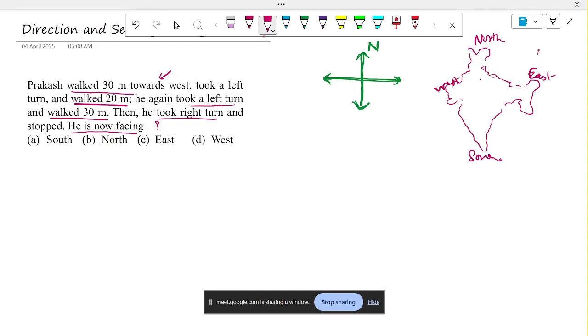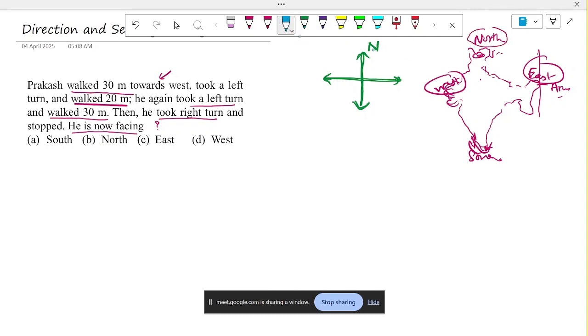Because you know in India sun rises in the Arunachal Pradesh. Okay, that's why it is in the east. And in the west we have got Gujarat, and here we have got Tamil Nadu, Kerala, and in the north Jammu Kashmir, right? So if you remember Indian map, you will be able to remember the directions.